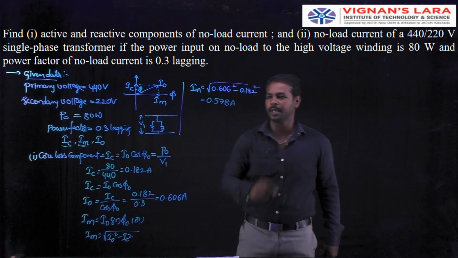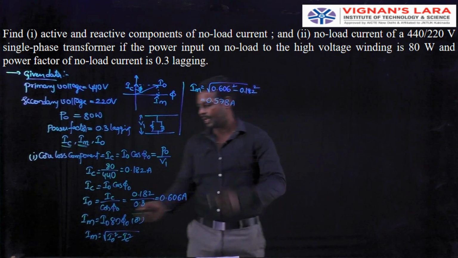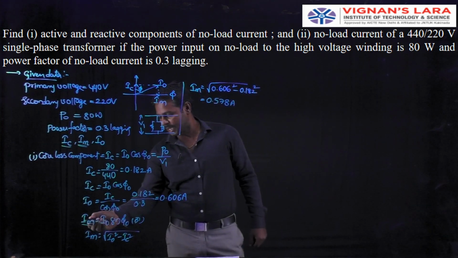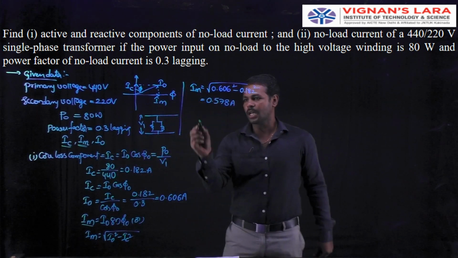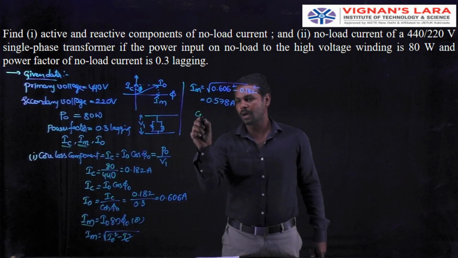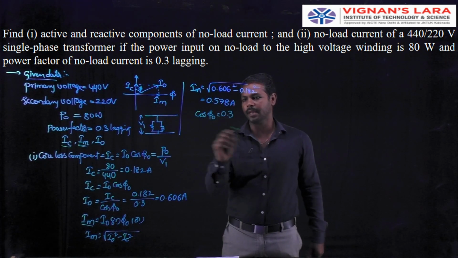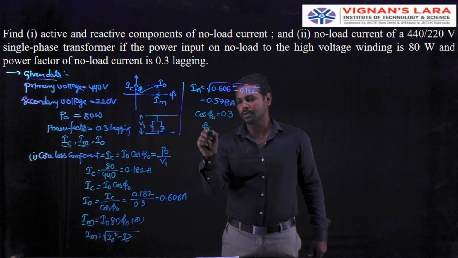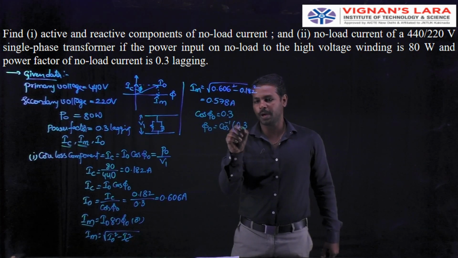which is equal to 0.578 amperes. Similarly, we can use the expression Im is equal to I naught into sine phi naught. Cos phi naught is equal to 0.3, so phi naught is equal to cos inverse of 0.3.